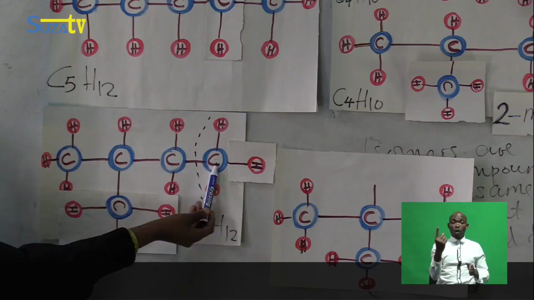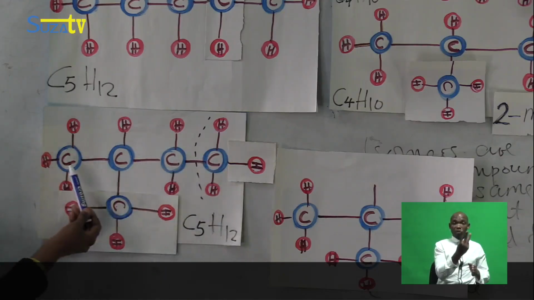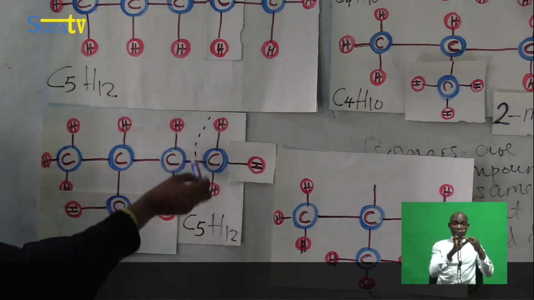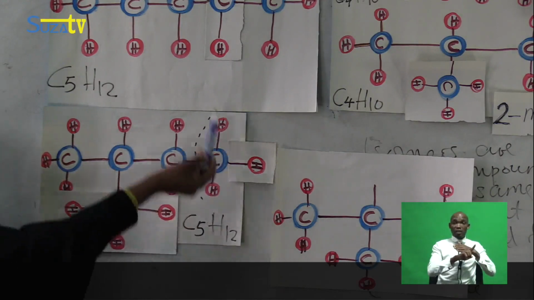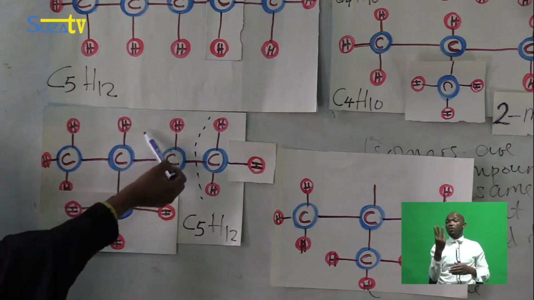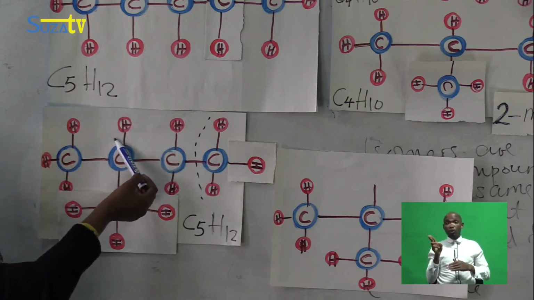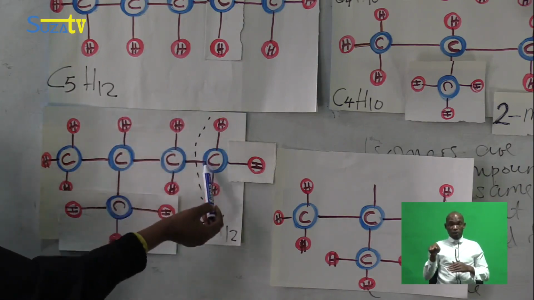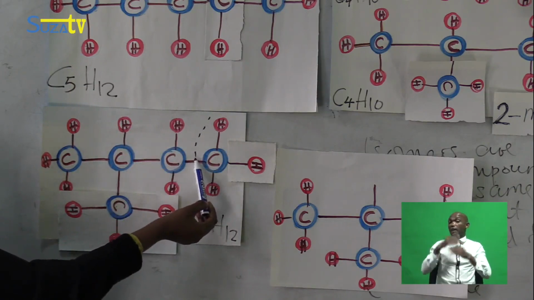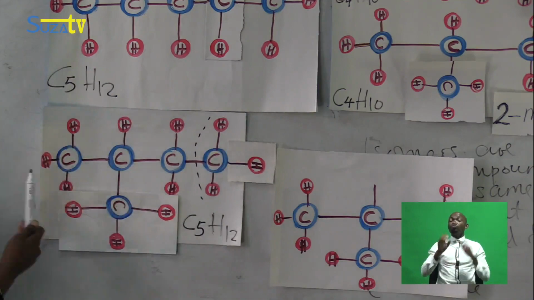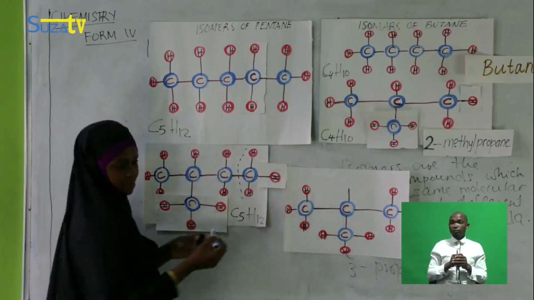This is carbon 1, carbon 2, carbon 3, and carbon 4. So she said we have to detach this alkyl group and attach it to carbon number 3, which is this one. And hydrogen will attach at this position where this alkyl group has been removed. Okay, here.